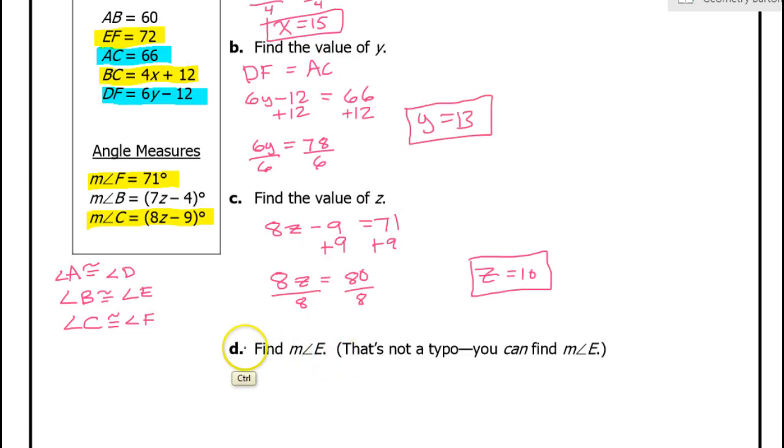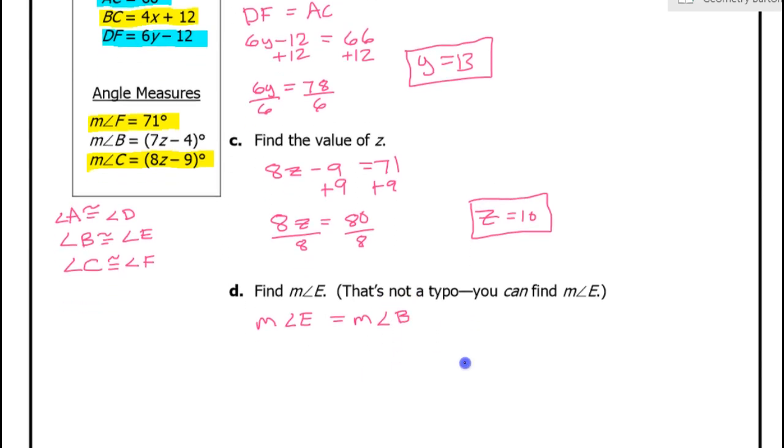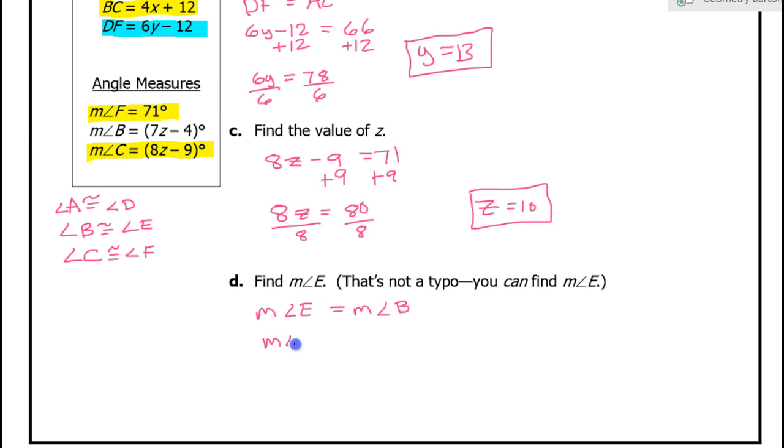Okay, so next we're asked to find the measure of angle E. We're not given an expression for that, but we know that angle E is congruent to angle B, which is on the list. So if I want to find the measure of angle E, that should equal the measure of angle B. So the measure of angle E should equal 7z minus 4.